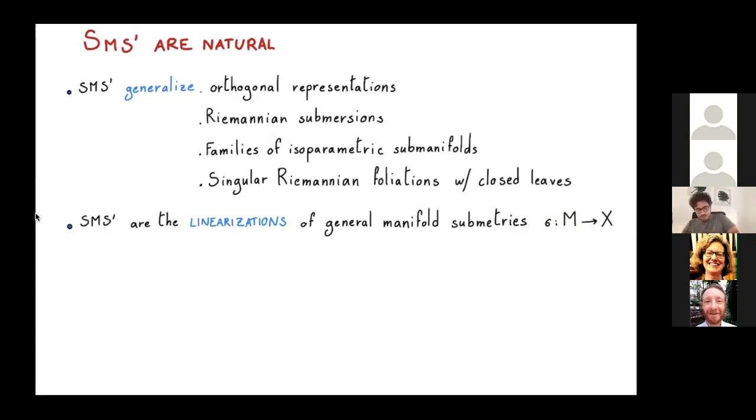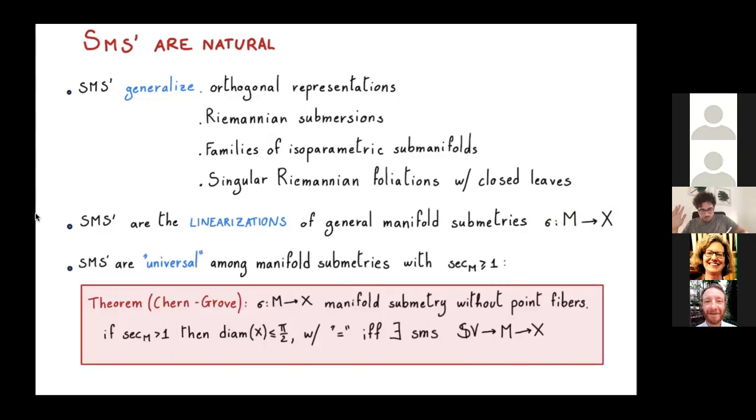And finally, I don't want you to think too much about this, but I still wanted to add it in here. Spherical manifold submetries are somehow the universal, the biggest object you can find whenever you study manifold submetries from manifolds that have sectional curvature larger than or equal to 1.